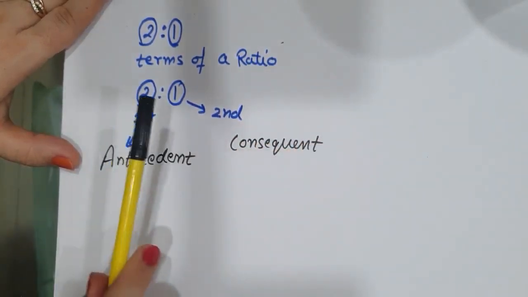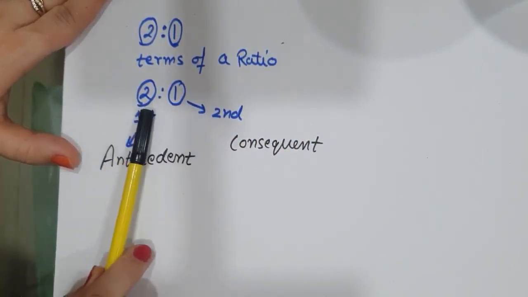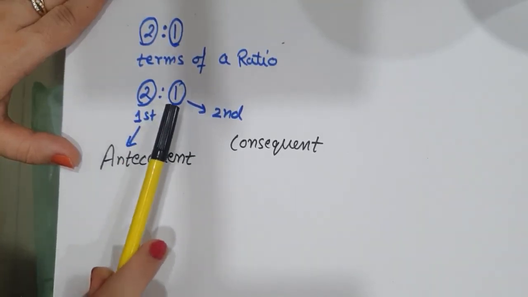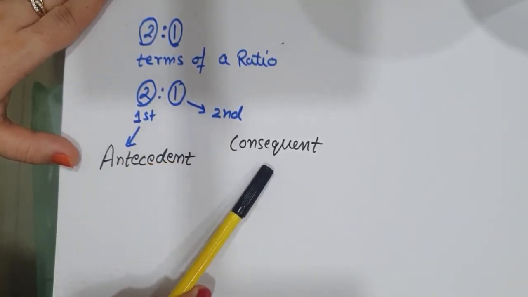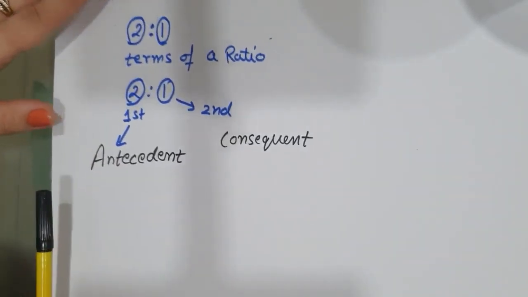It means both the terms have two different names. The first one is known by the name of antecedent and the second one is known by the name of consequent. This is really very important to know in ratio.